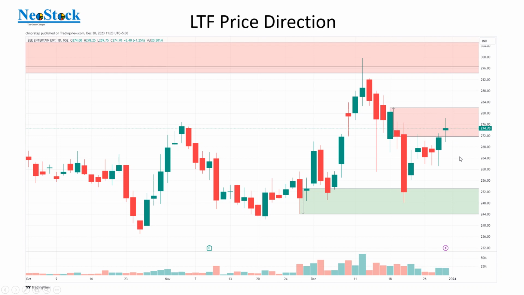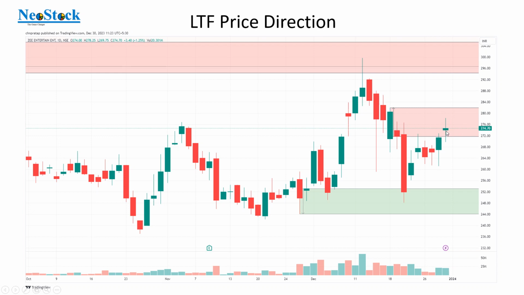That is a different story that we will only understand in the future, on the next trading day. But at this point of time, because prices have already reached the supply zone, this is the daily supply zone, that is the LTF time frame, the pending orders should push the prices down. That's why we have seen some rejection here. But we don't know how the market is going to be on the next trading day.